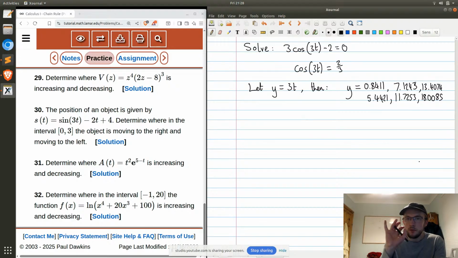So if y is equal to 3t, then t is equal to y over 3. So t would just be all of these divided by 3. So I really wish I hadn't done this, actually, but whatever.